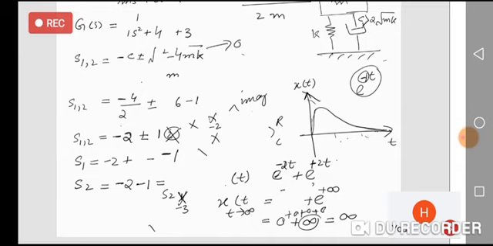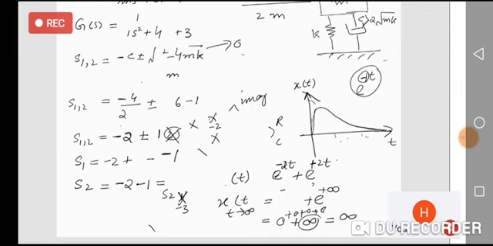In other words, if the C value is greater than CC. Every system has only one CC value, the critical damping value, and that CC value depends on a certain formula. C is equal to 2 under root mk. If C value is less than 2 under root mk, then the system will oscillate.